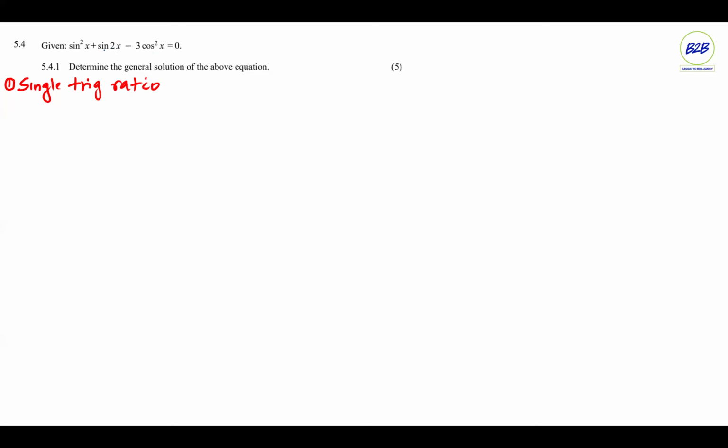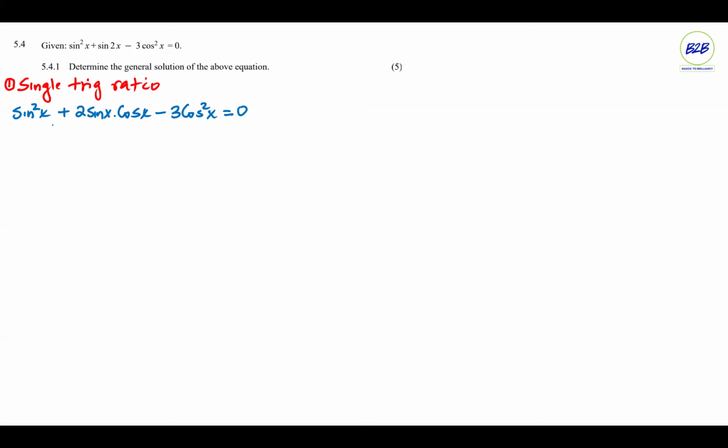This is sine 2x, which is a double angle of sine. So how do we change that? We will keep the sine squared x and change sine 2x into 2 sine x times cos x, minus 3 cos squared x equal to 0.